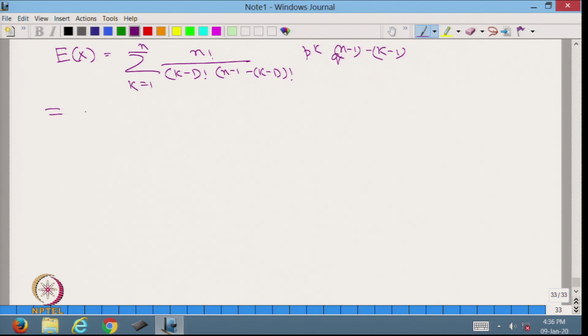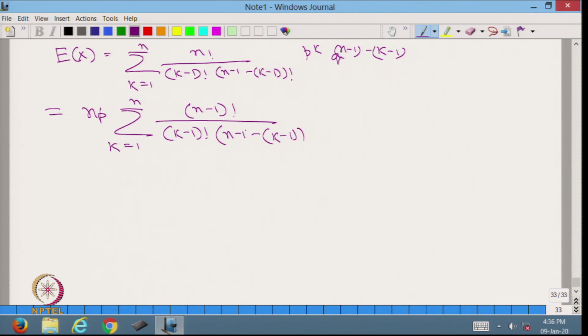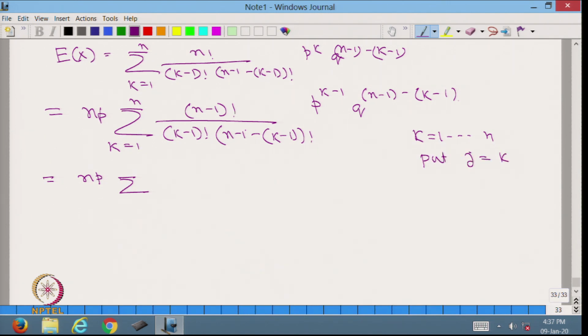Let us take n out and 1 p out: sigma k is equal to 1 to n, n minus 1 factorial upon k minus 1 factorial n minus 1 minus k minus 1 factorial p to the power k minus 1 q to the power n minus 1 minus k minus 1, is equal to n p into, if k goes from 1 to n, put j is equal to k minus 1.